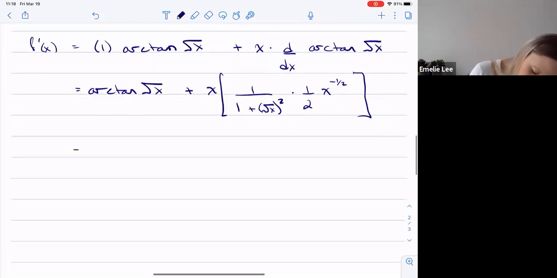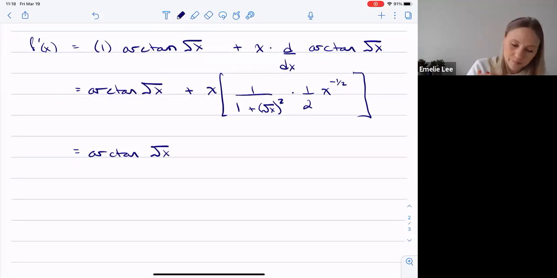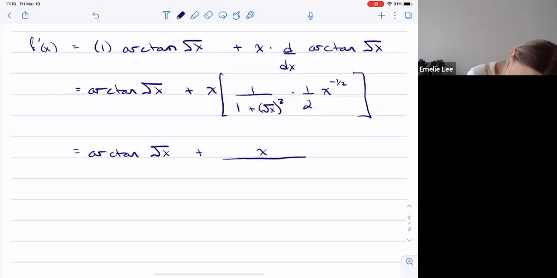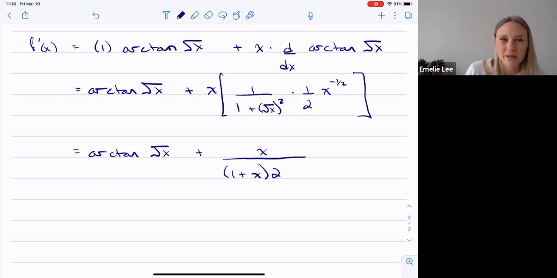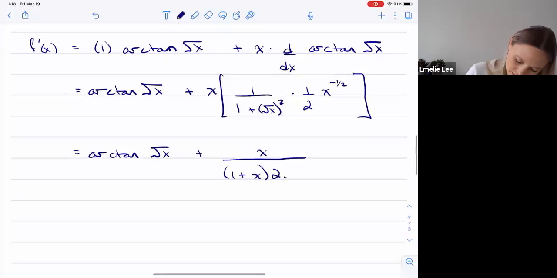The first term, arctan root x, is just going to stay itself. And then we have plus x over 1 plus x times 2 root x. I should have bumped that 2 out front, but I forgot.